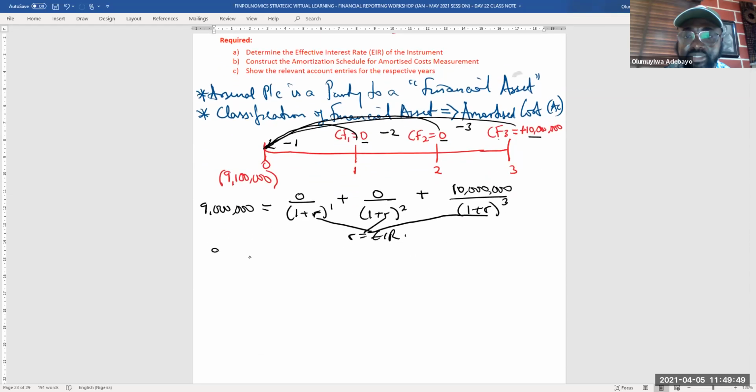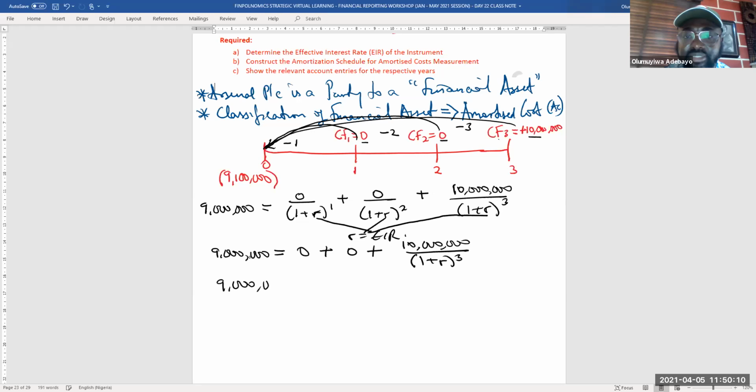But take note, 0 divided by anything is 0. And this is 10 million over 1 plus R raised to power 3.